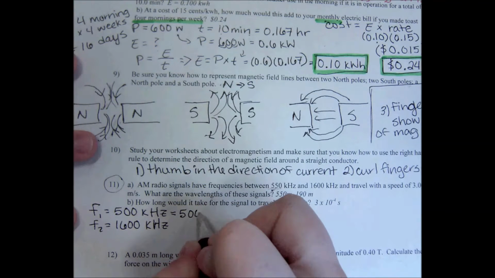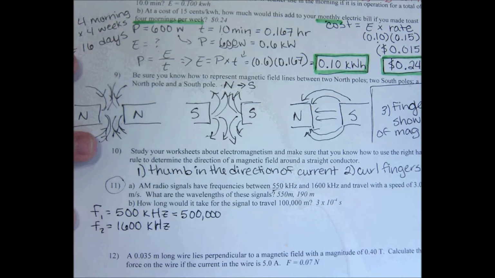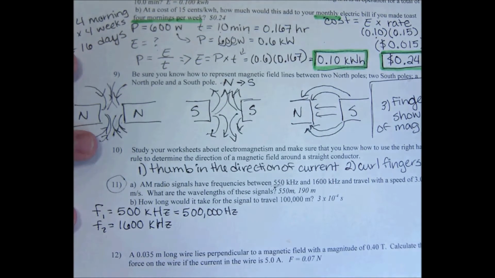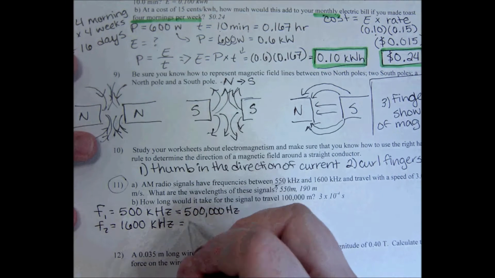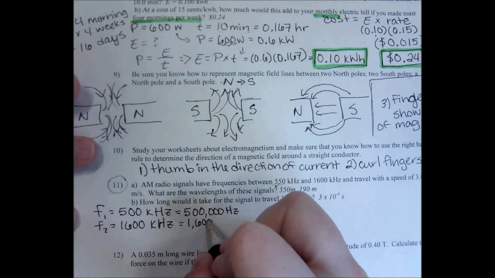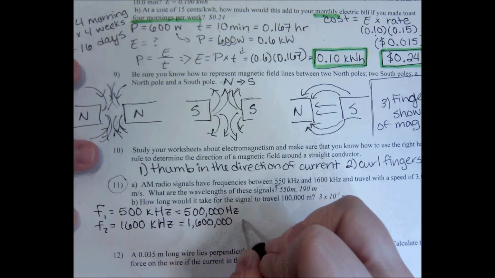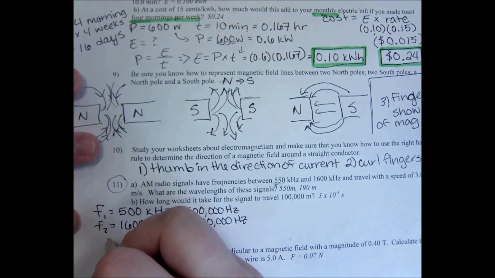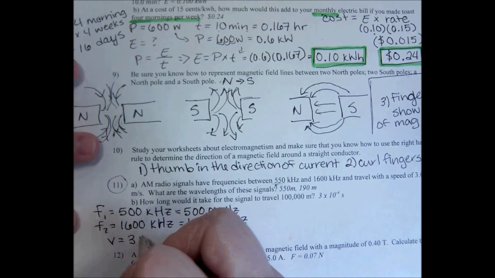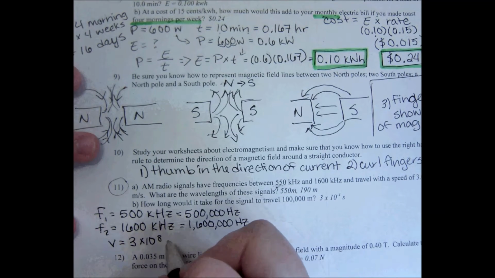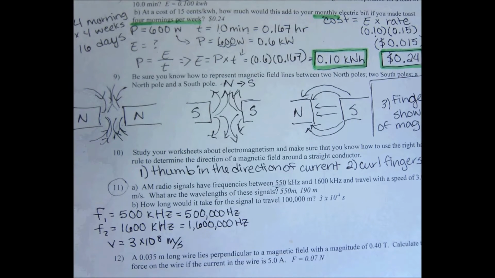That's going to make this 500,000 hertz, and this 1,600,000 hertz. Both of them have a speed of 3 times 10 to the 8th because all radio waves have that speed.